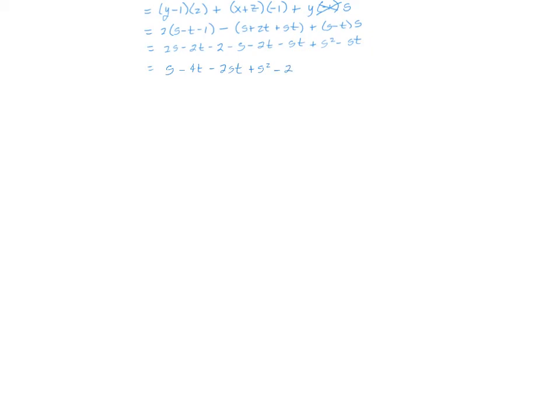All right. So if I was going to evaluate the partial of w with respect to t at s is equal to 1, t is equal to 1, I could write it this way: s equal to 1, t equal to 1. And then that's going to be equal to 1 minus 4 minus 2 plus 1 minus 2, or negative 6.